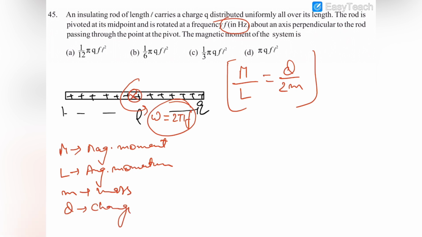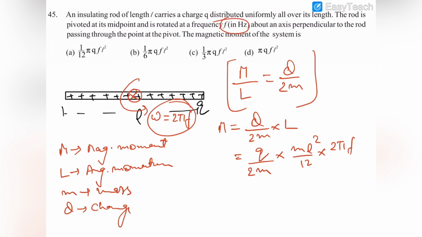Okay, so m will be equal to q by 2m into L, where q is charge, mass is m, and angular momentum will be I omega, and I will be mL square by 12, and omega is 2 pi f. Cancelling this m with m, this 2 with 2, it would be q L square pi f by 12. So the correct option will be option number A.